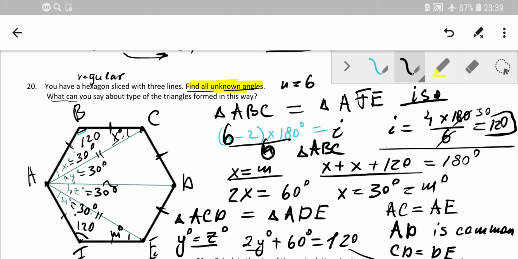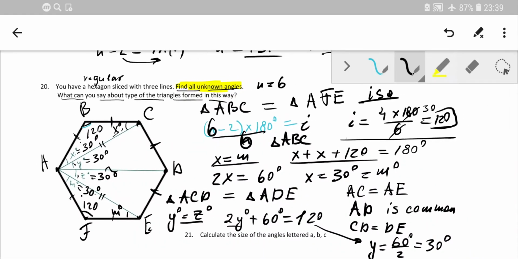Now, what can you say about the type of triangles formed in this way? Okay, the type of triangles. ABC, we proved that ABC is the same as AFE, and also the two other triangles are identical. But maybe they ask about the type. First of all, we can say that ABC is an isosceles, right?